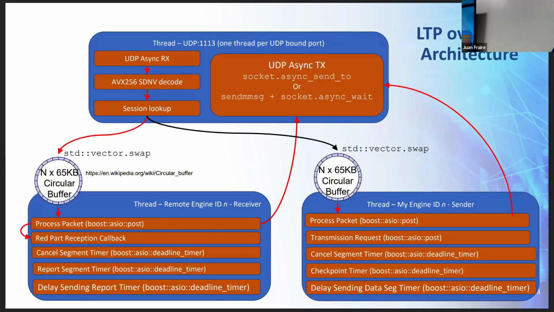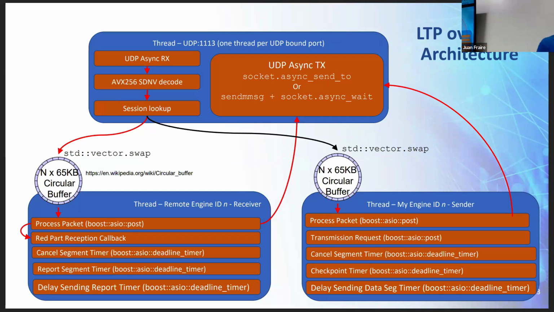This slide gives a general overview of the LTP over UDP architecture, and I kind of divided it up into threads. At the top, that blue box, you see one thread that is going to manage the socket. So we have one thread per bound UDP port.